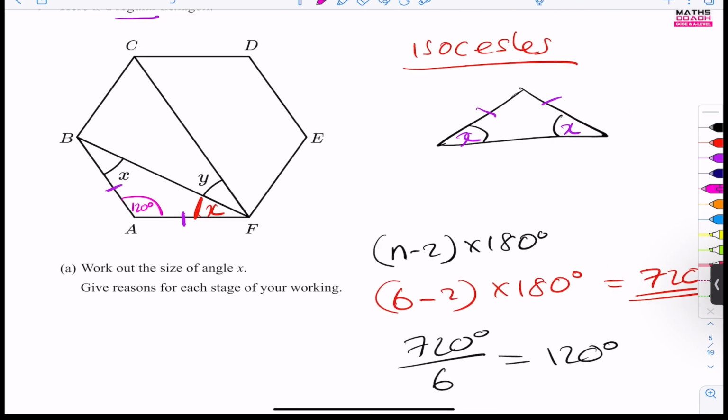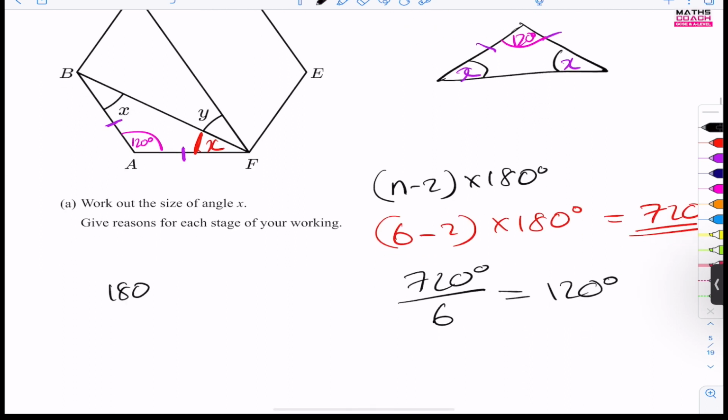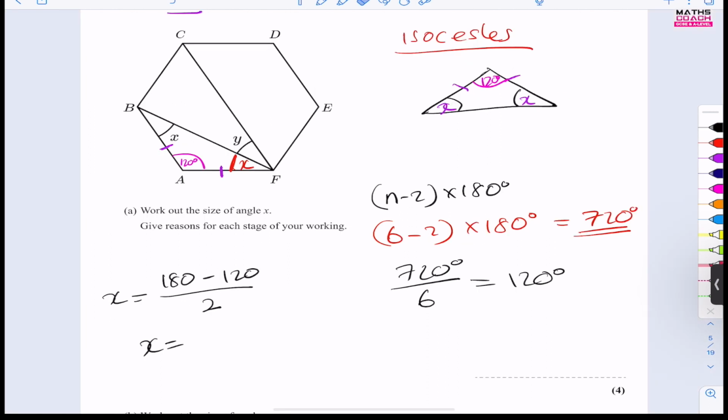Now, what did I say earlier? I said if we have this as 120 degrees, then we can now do 180, take away 120, divide that by 2, and that will give us our x angle. So that gives us 60 on the top, divide that by 2, that's 30 degrees. So x is 30 degrees.